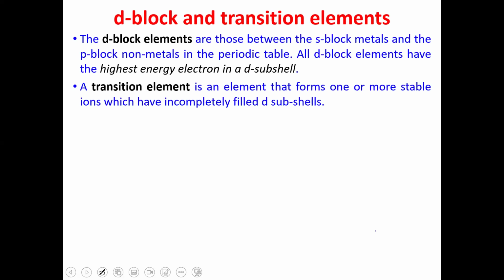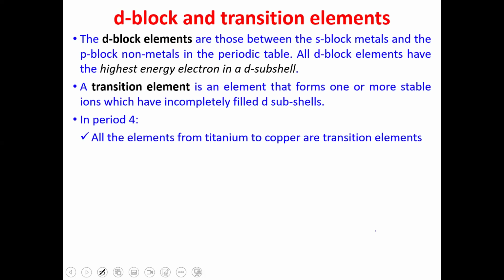Now, what is a transition element? In this D block reference, transition element is an element that forms one or more stable ions which have incompletely filled D subshell. This is the official definition. And whenever the definition comes in for transition, you have to mention it in terms of d orbital. In period 4, the orbitals lie there.